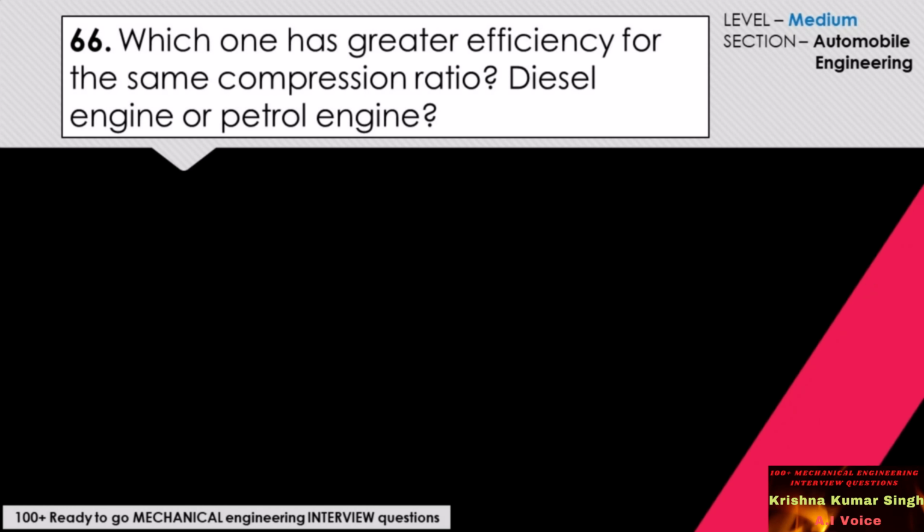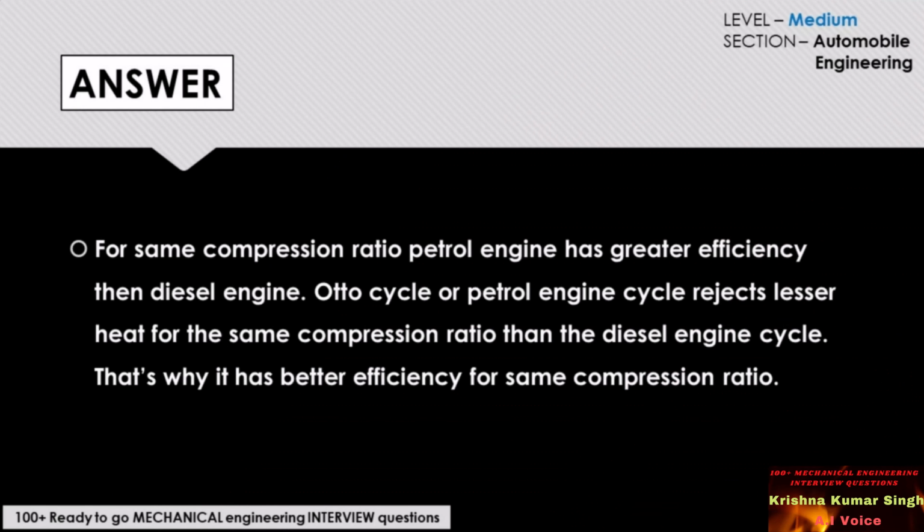So the perfect answer for this question would be, on the theoretical basis, for same compression ratio, petrol engine has greater efficiency than diesel engine. Otto cycle or petrol engine cycle rejects lesser heat for the same compression ratio than the diesel engine cycle.